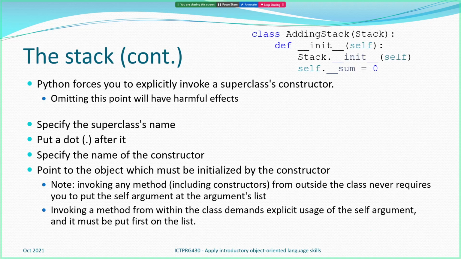Now, this only needs to be done within the class definitions. Okay, so when we're doing it, it's only when we're doing it for subclasses. If we're wanting to use those methods outside, then we don't need this constructor method.